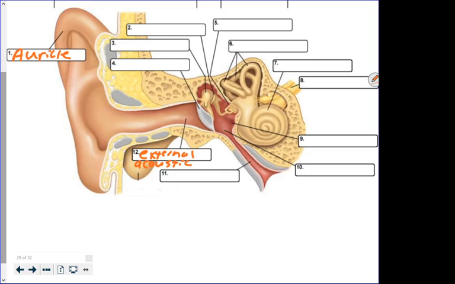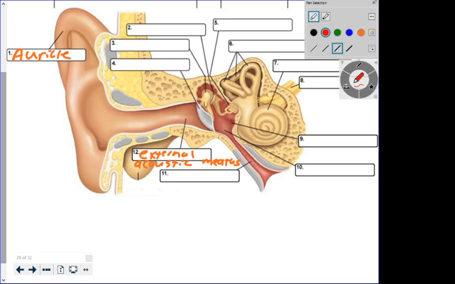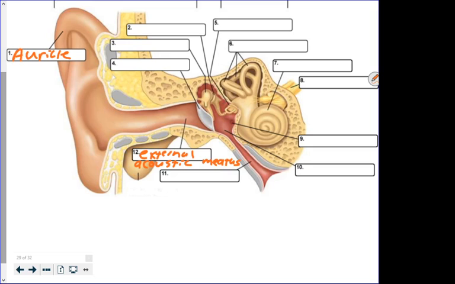External acoustic meatus. And then, of course, this little white sheet right here is what normal people call the eardrum. However, we're going to call it the tympanic membrane. T-Y-M. Sorry. I wish we could call it eardrum. That would be so much easier to spell.